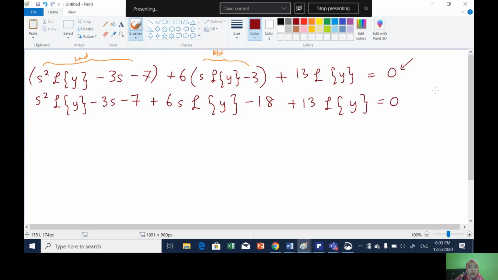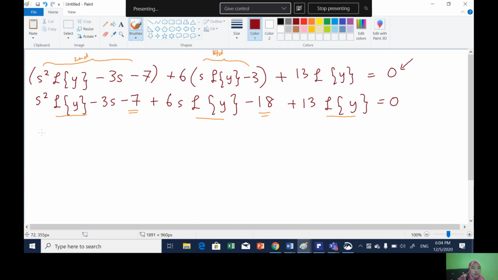Okay, next we look at the part that we can simplify here. The one containing L of y, we allocate on one side. The one with the constant, we combine it. So negative 7 minus 18, we can simplify to negative 25. Okay, so I'm going to solve it.